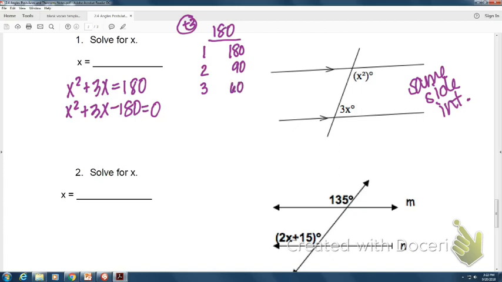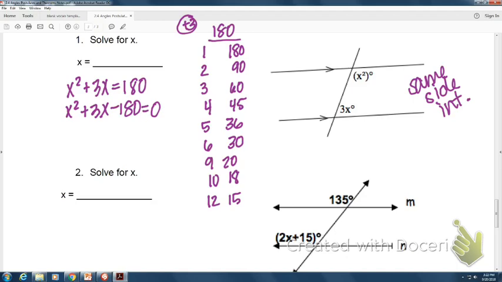Yes, 4 does go, 45. 5, 36. 6, 30. 7, no, it doesn't go. 8, no. 9, 20. 10, 18. 11, no. 12, 15. 12 and 15. Ooh, there we go. Do you see how that difference is 3 right there?